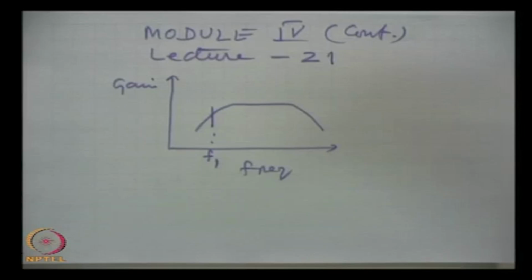Now, three factors may contribute to the lower cutoff. One arises from the first coupling capacitor at the input. The other may come from the second capacitor at the output, and similarly the bypass capacitor, which we use with Re to enhance the gain, may also give the third cutoff.